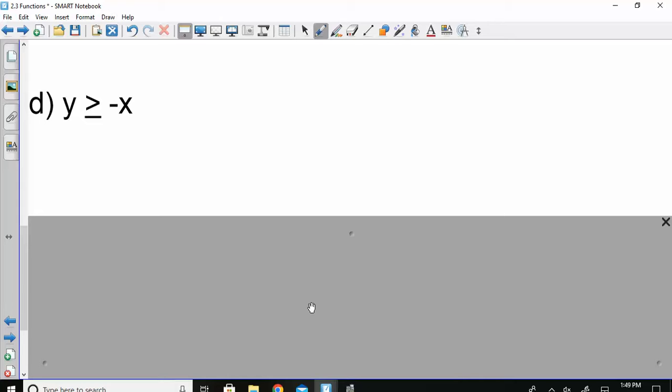All right, this one. Thoughts? What does an inequality do? Do you remember graphing those? If you just graph the equation, y equals negative x, what do you get?